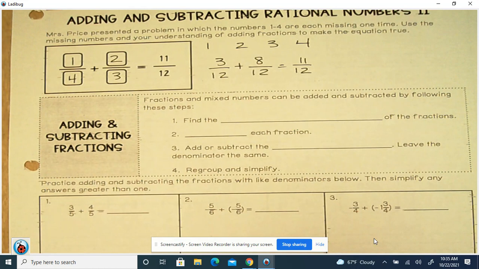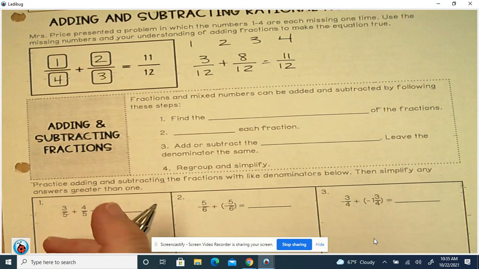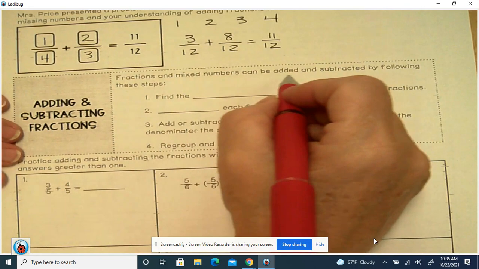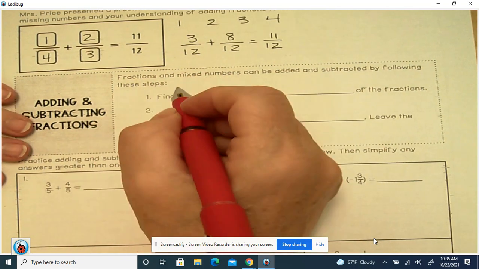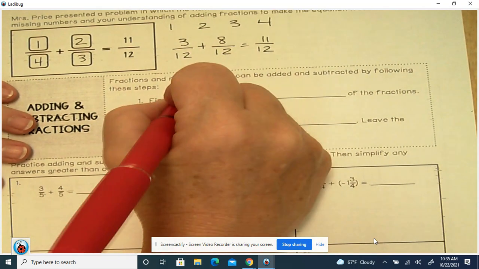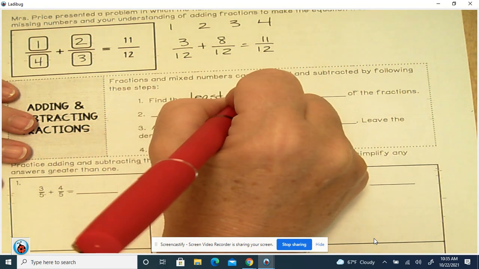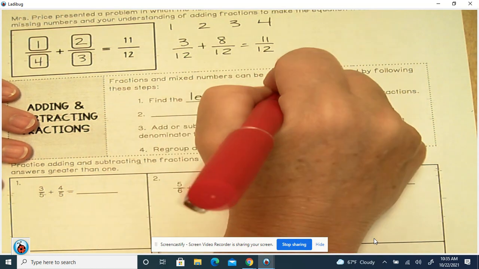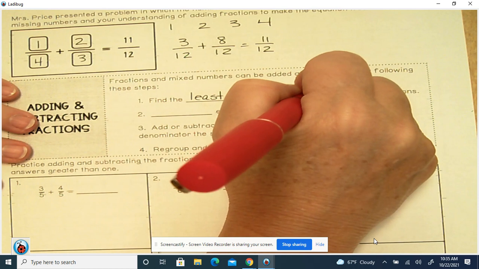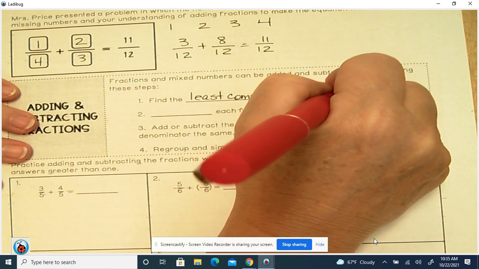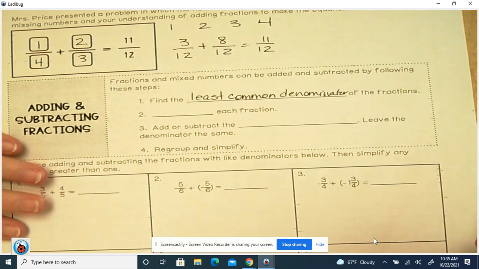All right, adding and subtracting fractions. Fractions or mixed numbers can be added and subtracted by following 3 steps. First thing you have to do is find the least common denominator of the fractions.